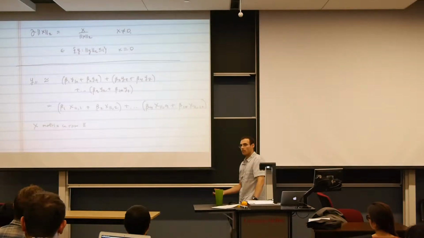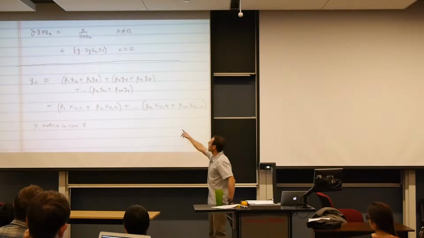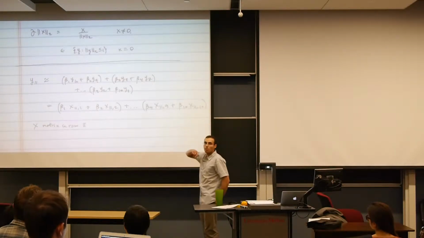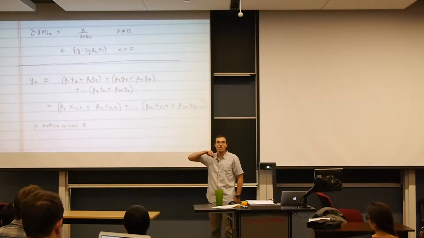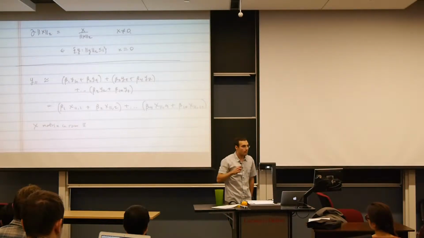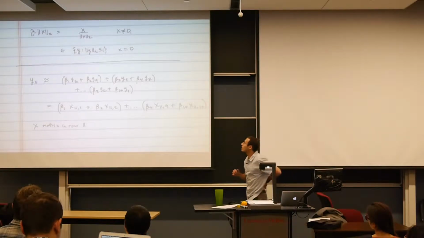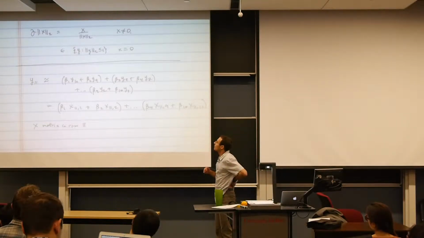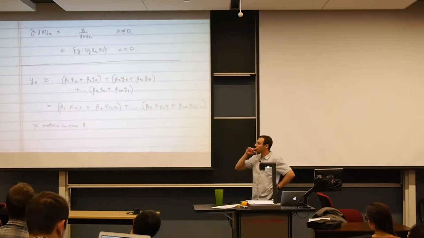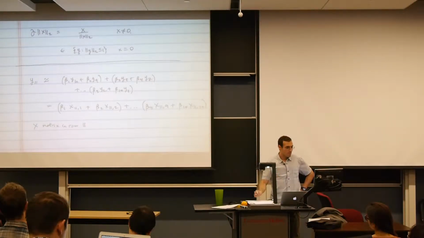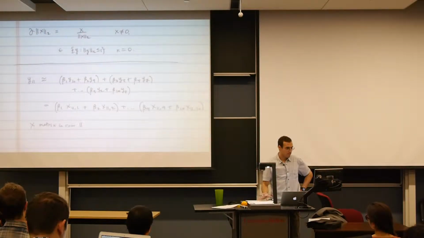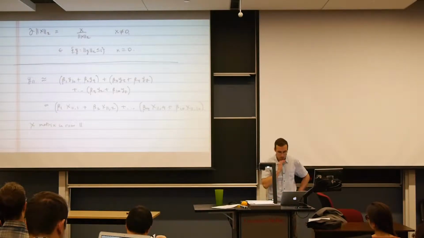But if I were to continue on in this fashion for all the different rows, you see that actually this matrix that I end up defining is going to look banded. Because... Is that true, actually?